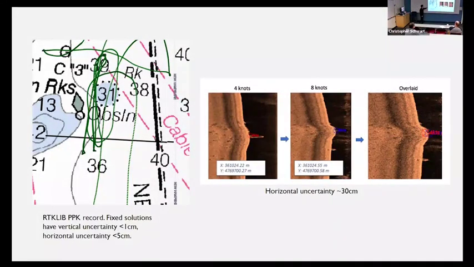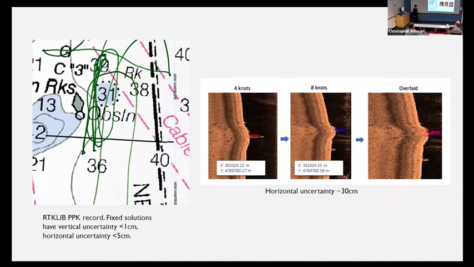And I wanted to take a quick detour to look at the PPK record from the trajectory during this data collection. We see here that the data is very good. It's completely dominated by fixed ambiguity solutions. There's only a few floating point solutions in yellow that you can see in the data set here.